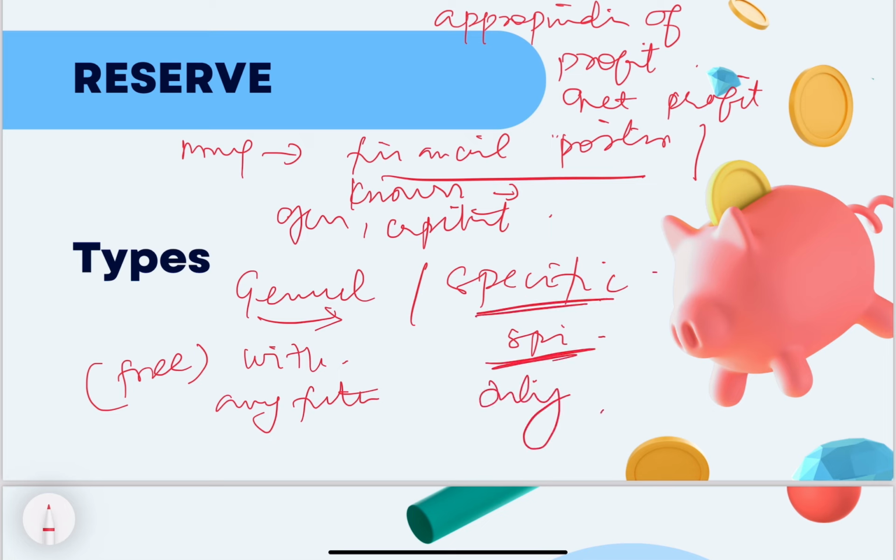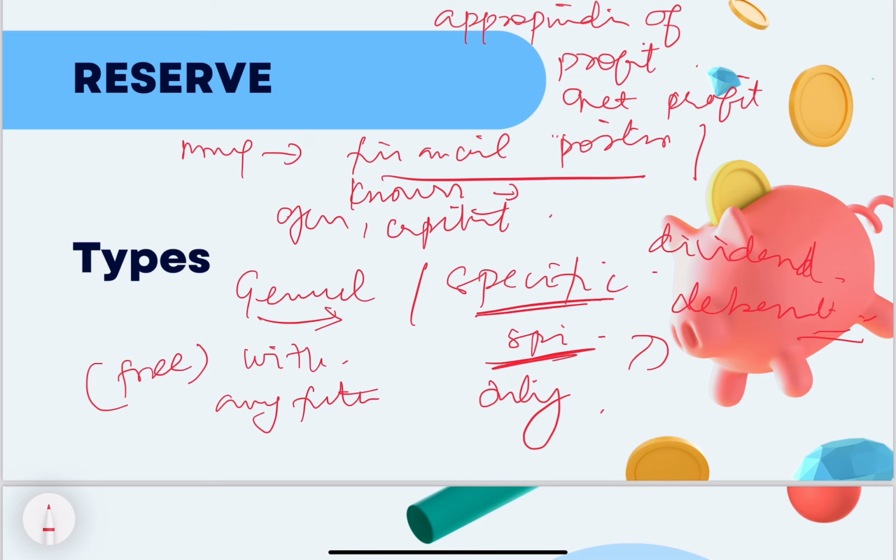Examples: dividend equalization reserve, debenture redemption reserve, workmen compensation reserve, all that. Just remember all these examples of general and specific reserves.